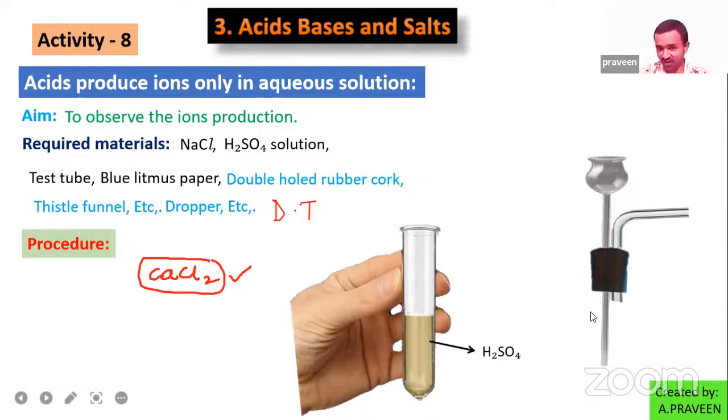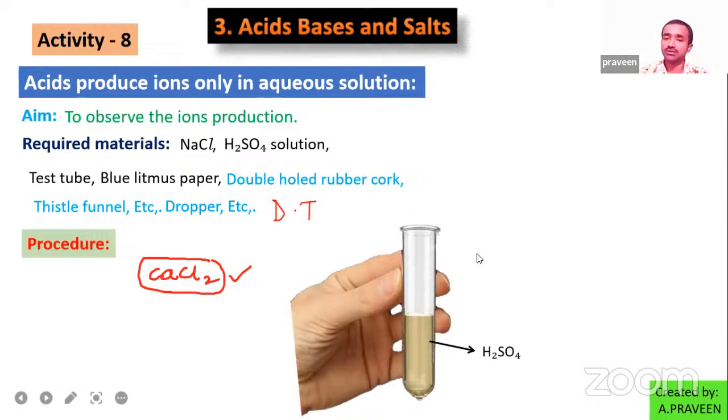So this thistle funnel we can insert into the liquid solution taken into the test tube. What is the solution taken in the test tube? Sulfuric acid. So immerse this thistle funnel glass tube into the liquid solution. Fix this arrangement to the boiling tube mouth.